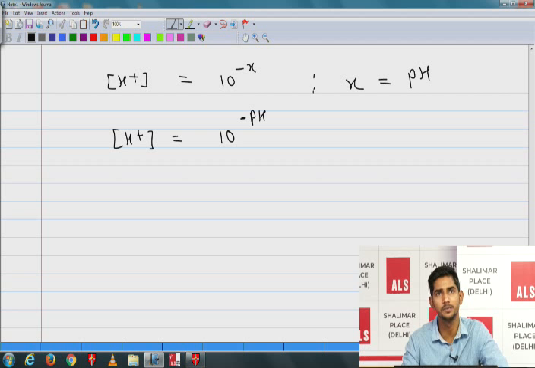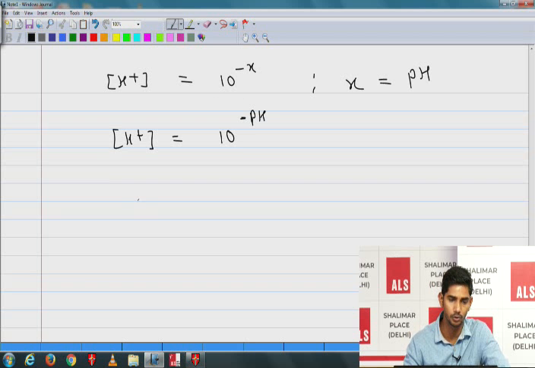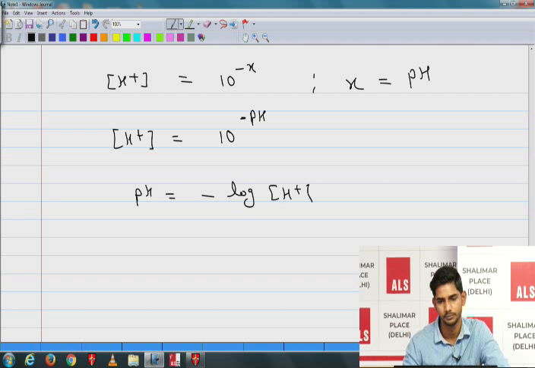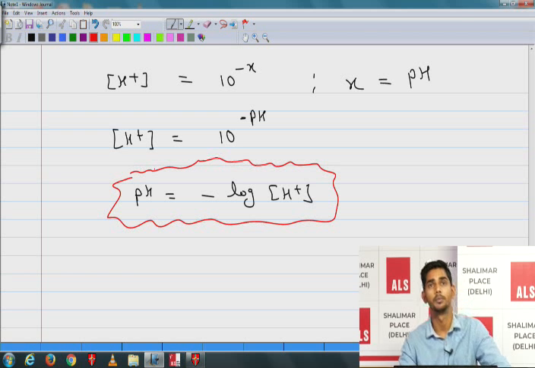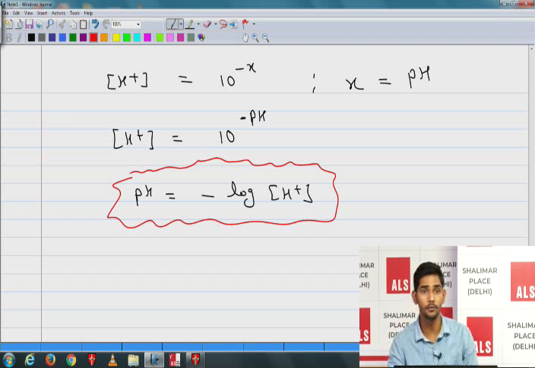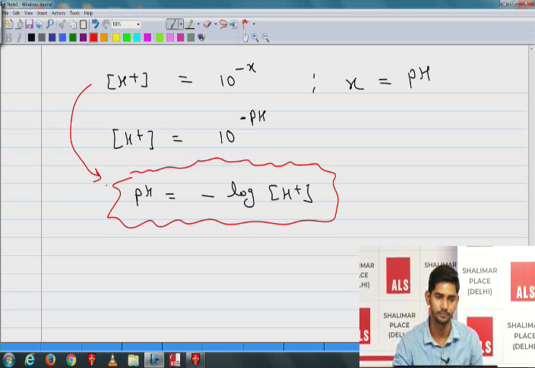So H plus is equal to 10 to the power minus pH. Now if you solve that mathematically, you will get that pH is equal to minus log of H plus. This is the mathematical definition we were discussing.